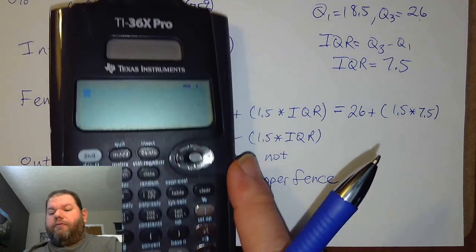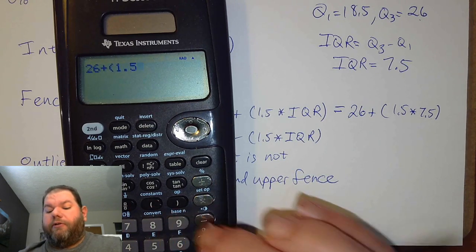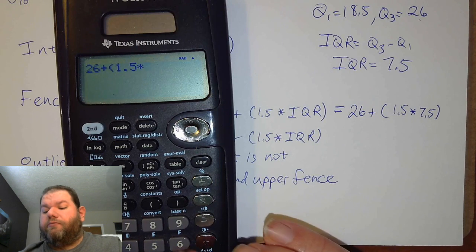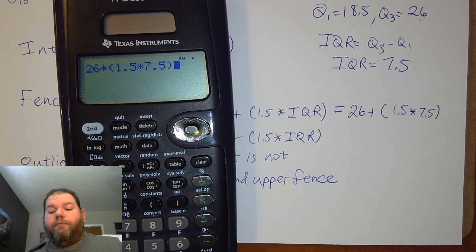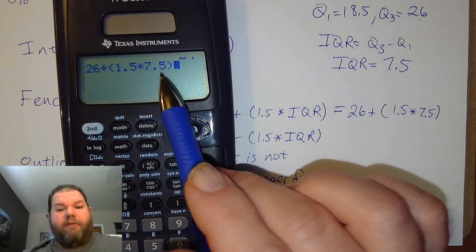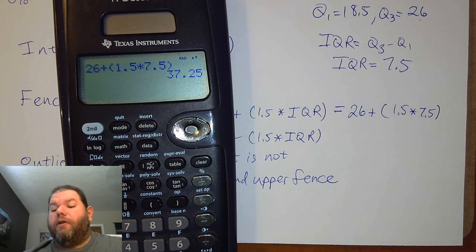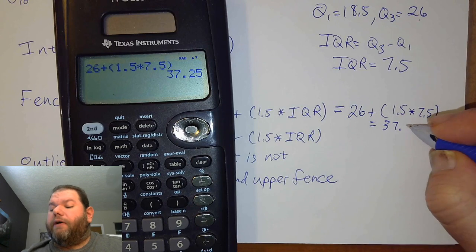Or if you want to, we can do it in parentheses as we enter it into the calculator. Like so. So 26 plus parentheses 1.5 times 7.5. So that gives us an upper fence of 37.25.